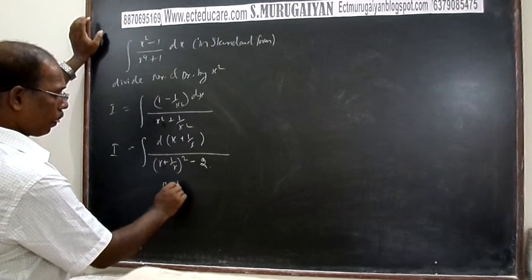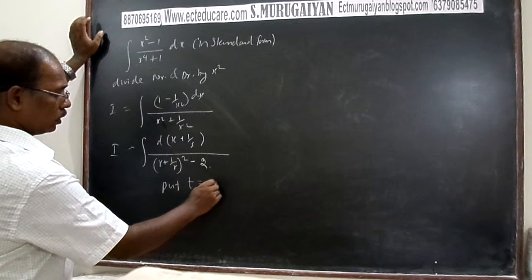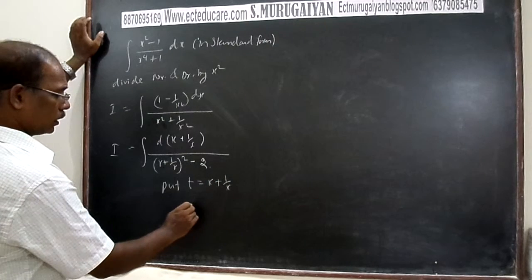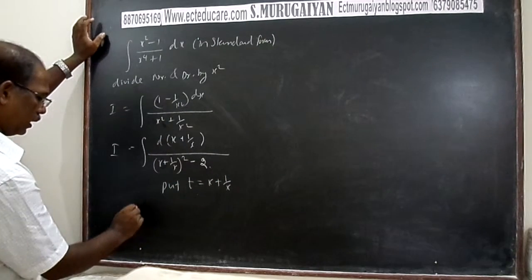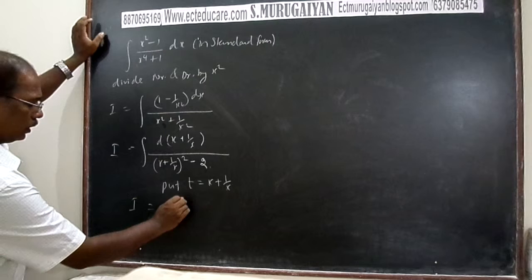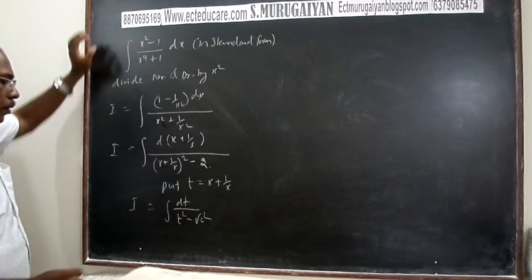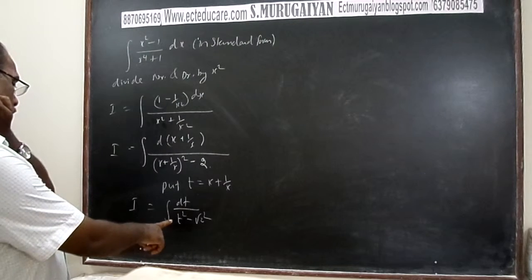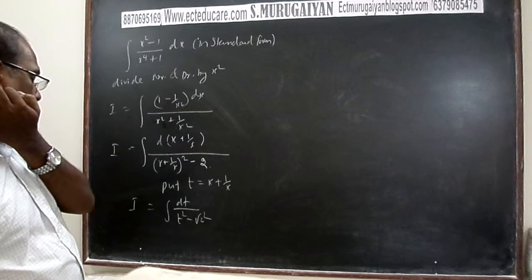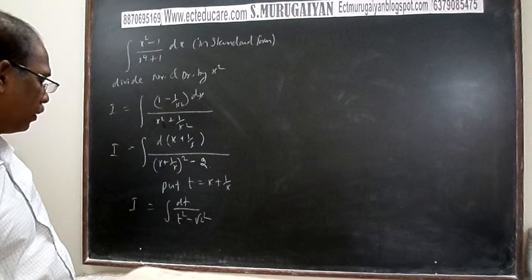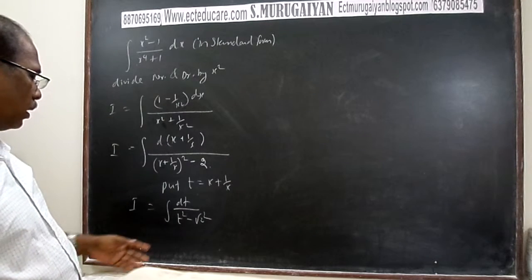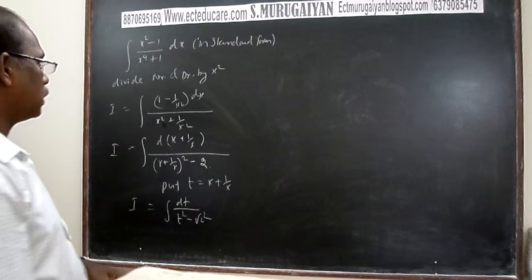So put t equal to x plus 1 by x, then the numerator is dt, and I equals the integral of dt by (t square minus root 2 square). So for the difference of variable square and constant square, the formula is 1 by 2a log mod of the difference of these two divided by the sum of these two.